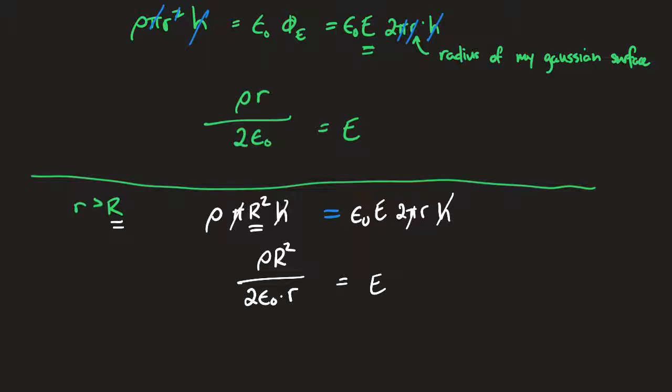One of the pi's canceled out because we're dealing with the volume of charge and not lambda. But everything on the top is a constant. And my electric field decreases as 1 over r, just like the line of charge. Which means the moment we're outside this thick cable, this thing has the exact same behavior as a standard line of charge.